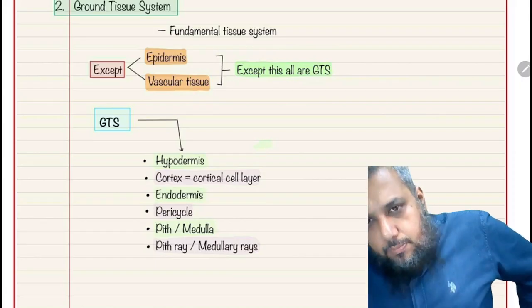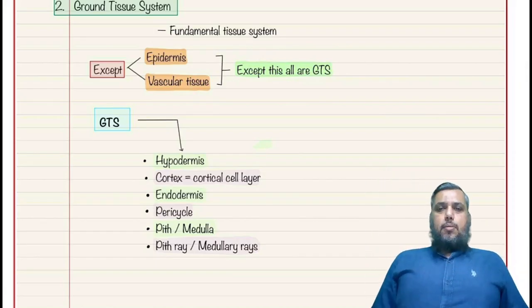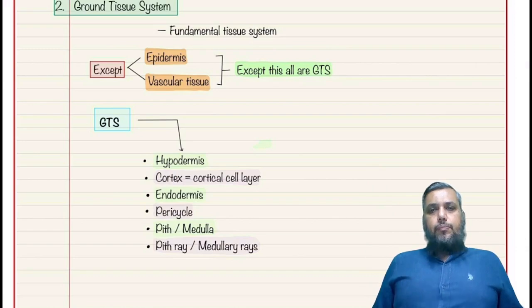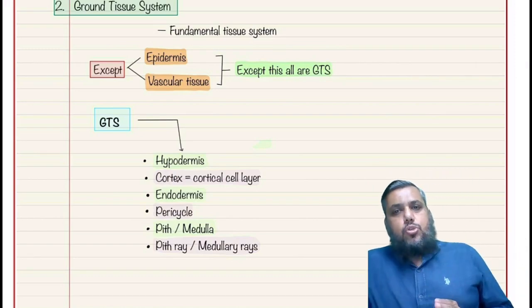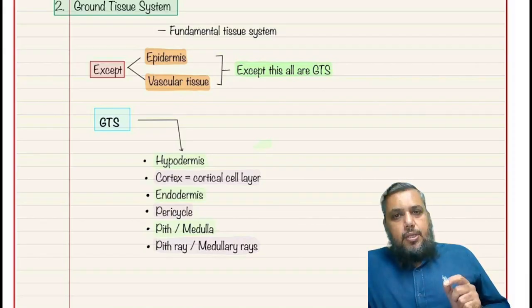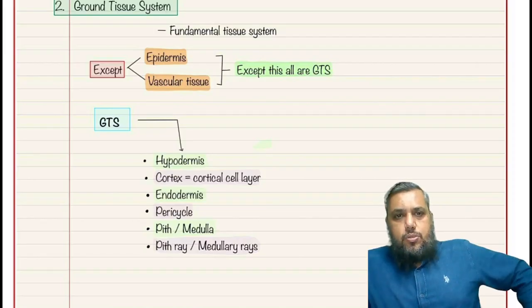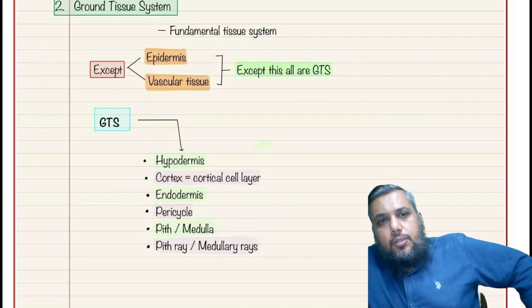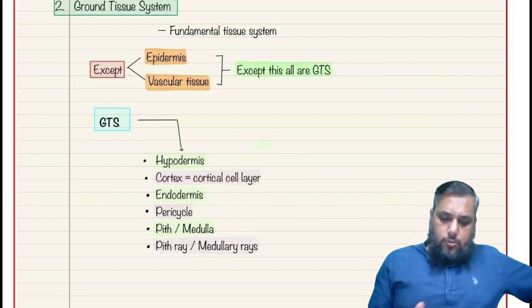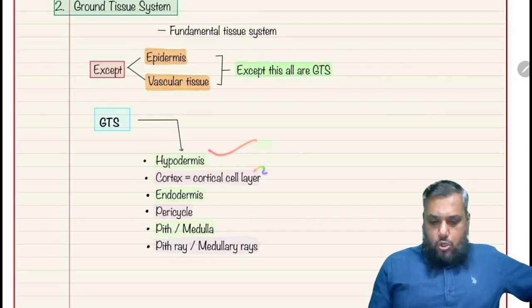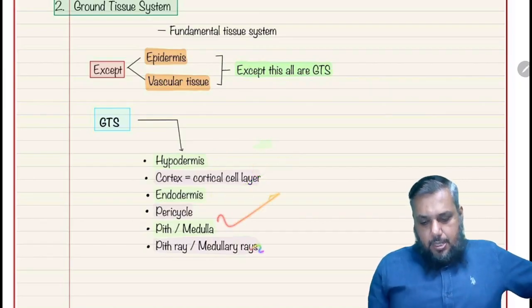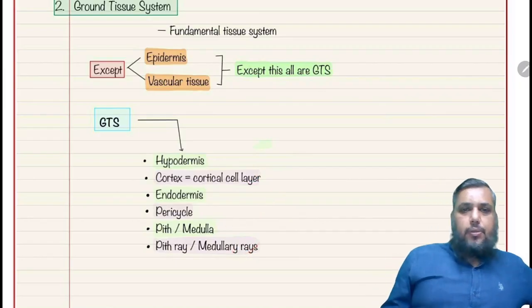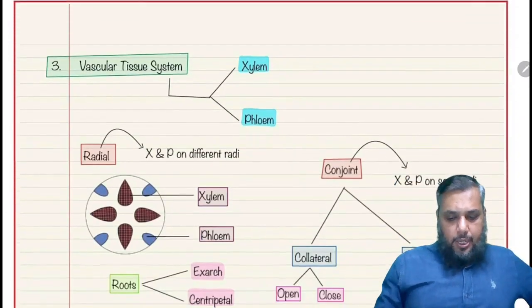So the ground tissue system includes the bulk majority of the plant body, which includes all tissues except the epidermis and the vascular tissues. Everything is included in the GTS, that is the ground tissue system. So that will include the hypodermis, cortex, endodermis, pericycle, pith, and the pith rays or the medullary rays.